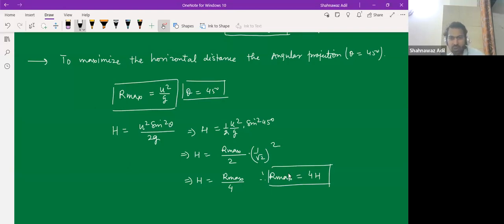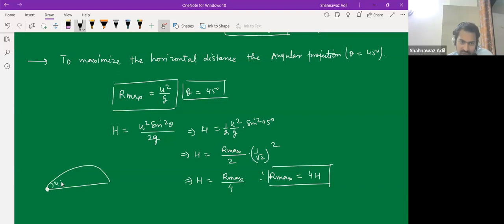If I want to throw it to the maximum height, then what should be the angle? If I have this projectile and I want it to go to the maximum height, at what angle should we project it?